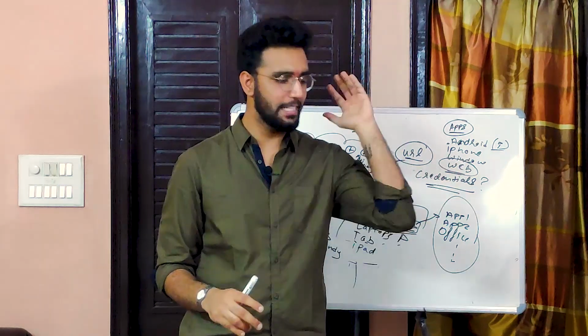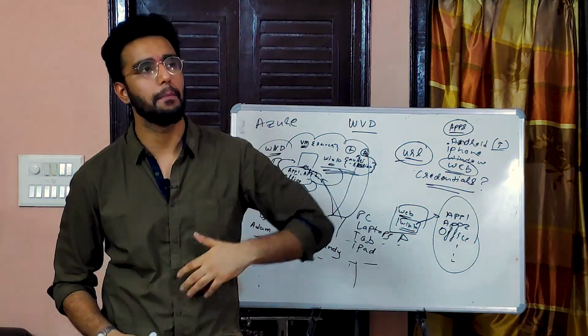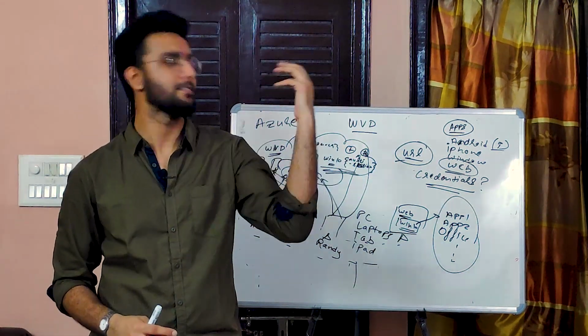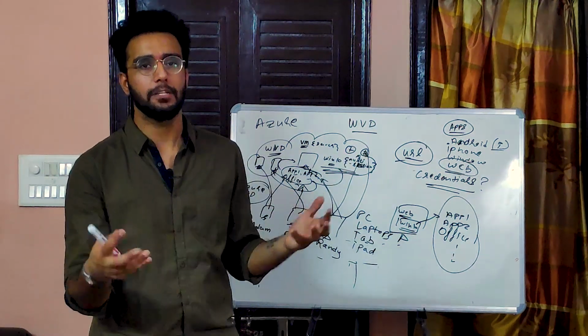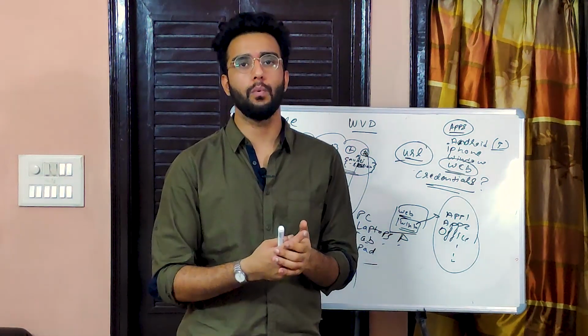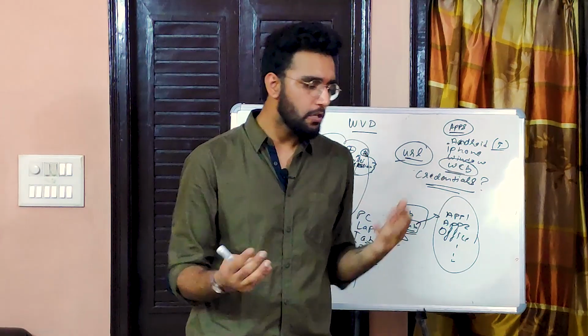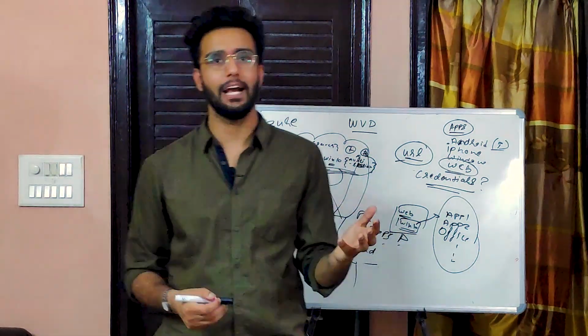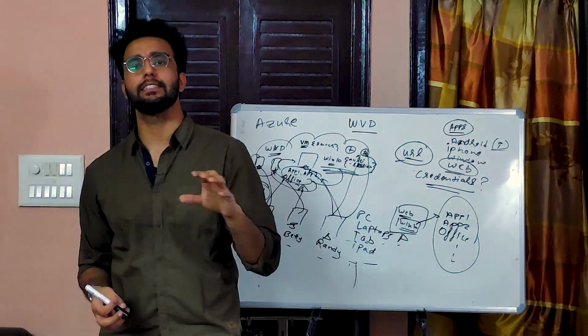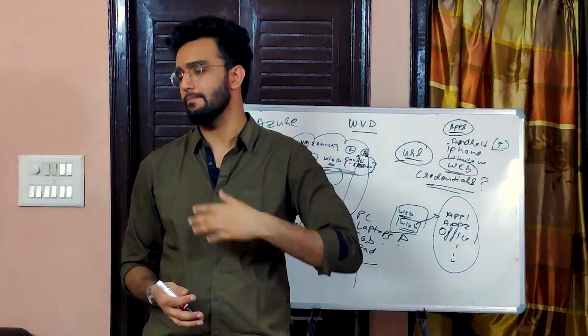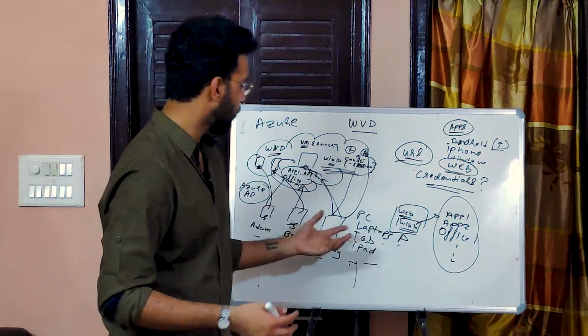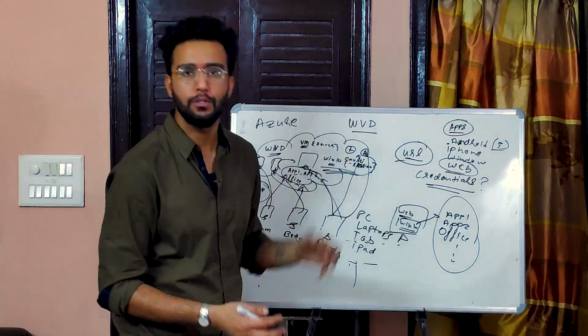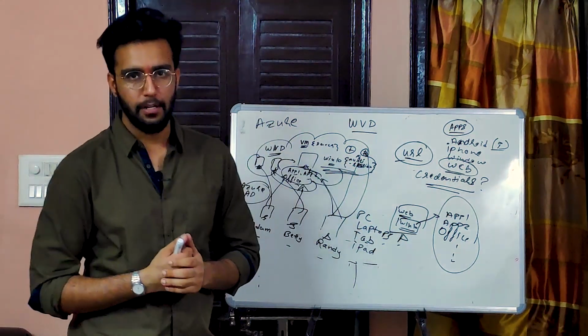You want a single machine that has multiple applications and multiple people accessing that single machine, or two or three machines, multiple access or multi-session, you can go with that. Or you want each of your users to have a separate machine in WVD, again you can have that. If you have certain users that you just want to give an application, go ahead, right? If you want to give multiple machines to a user, go ahead, right?